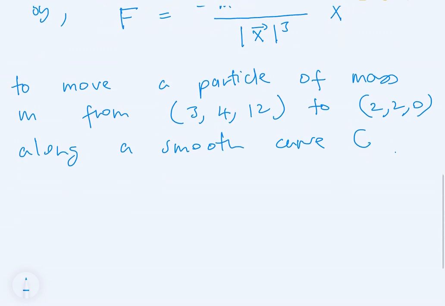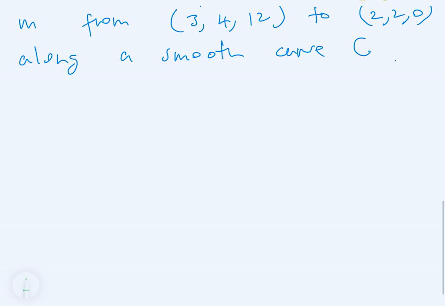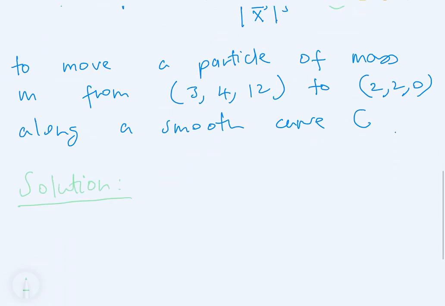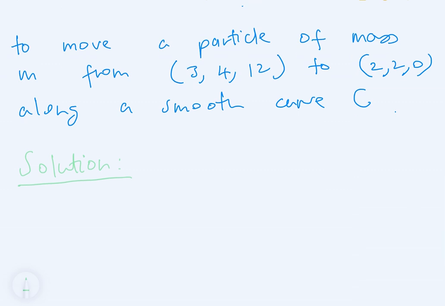Okay, so now we have to solve this problem. Now to solve this problem, we do the following. Let's just write solution. So now we're going to look at the solution of this problem. First of all, we note that the vector x is the vector (x, y, z) in space.